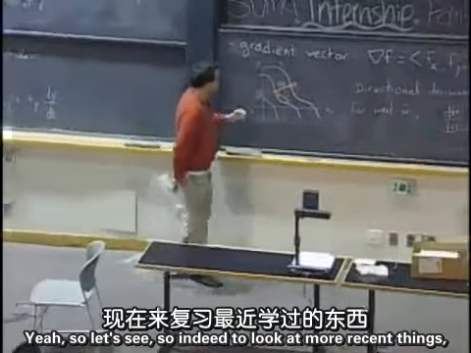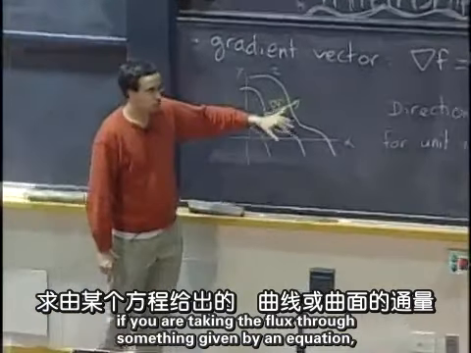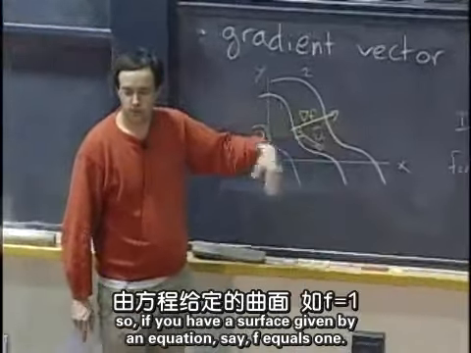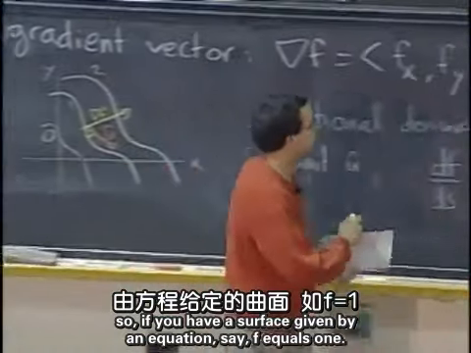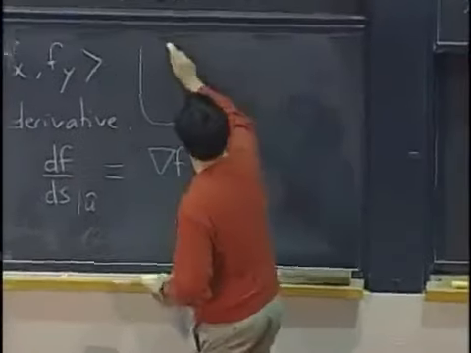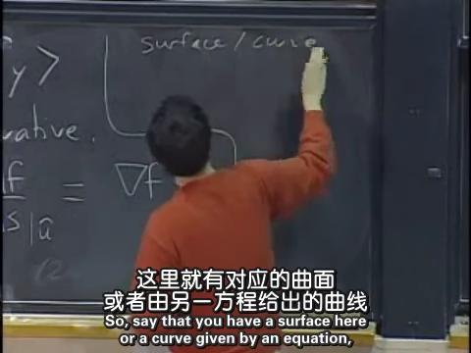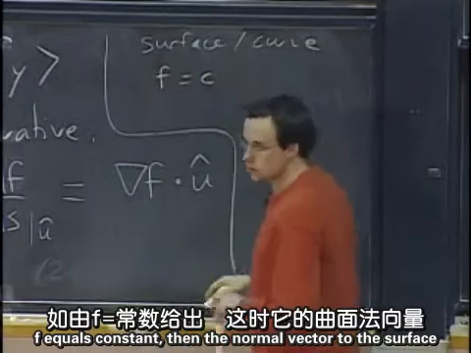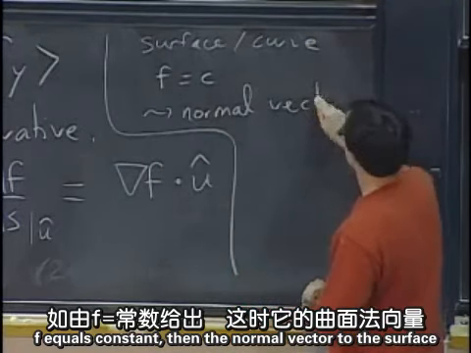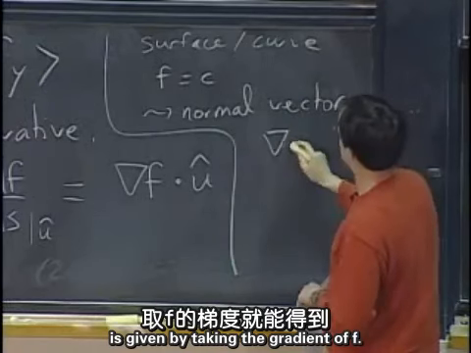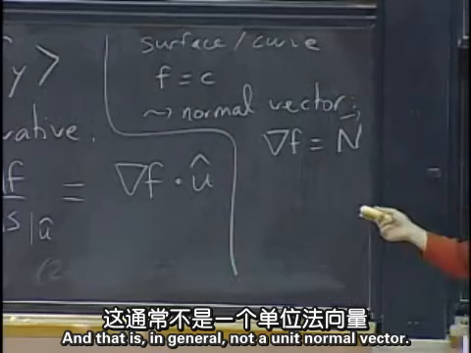Yeah, so let's see. Indeed, to look at more recent things, if you're taking the flux through something given by an equation, so if you have a surface, or here a curve, given by an equation f equals constant, then a normal vector to the surface is given by taking the gradient of f. And that is, in general, not a unit normal vector.